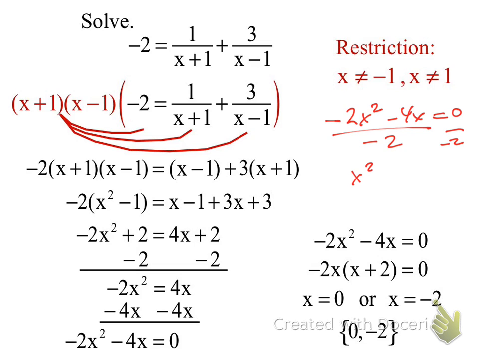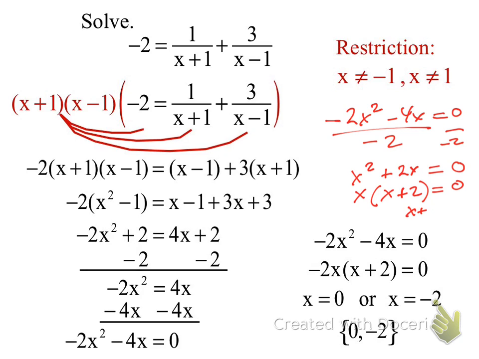So what we get is x squared plus 2x equals 0. No, I get x squared, not 2x squared here. Right? And then we can factor out an x times x plus 2 equals 0.